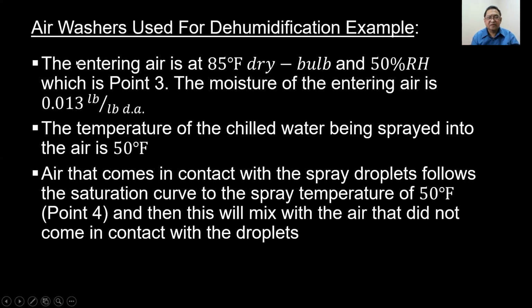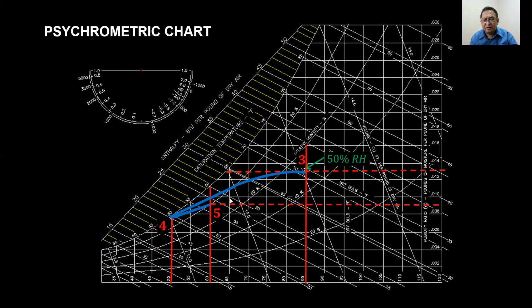So the air entering is 85 dry bulb and 50% RH, which is point 3. The moisture of the air entering is 0.013 pounds per pound of dry air here.